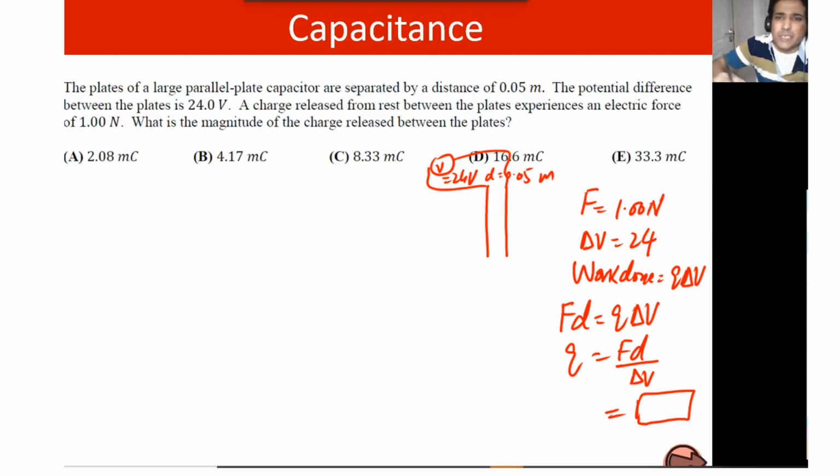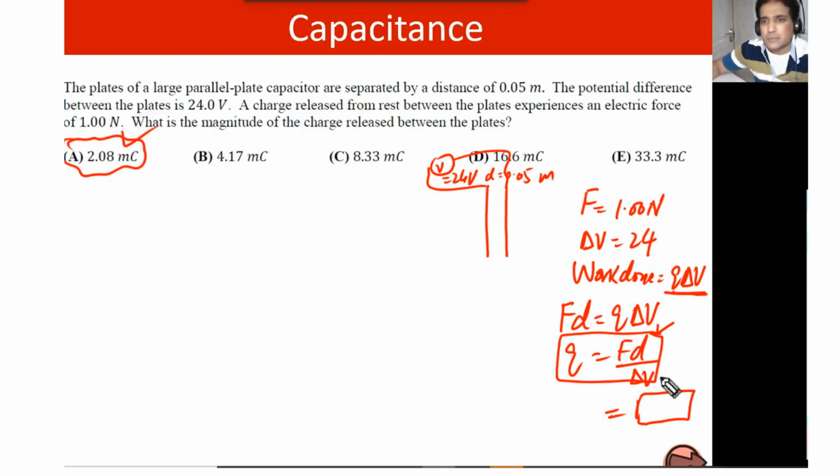Yes, it should be A, because you can see here the work done in this case is equal to Q times delta V. F is given, D is given, Q you need to find, delta V is also given. Just rearrange this and plug in numbers and you will get your answer. If you got this answer, that's wonderful.